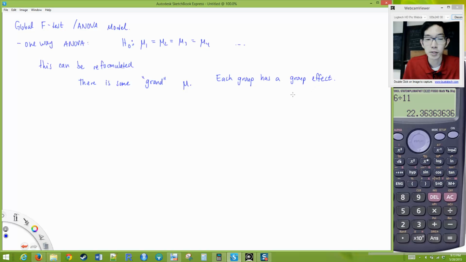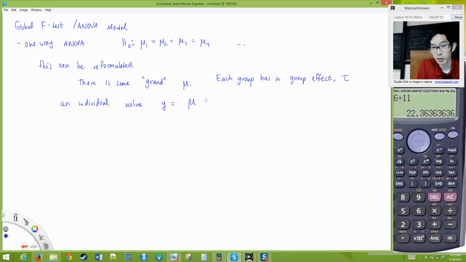And so in this case, we would say an individual point, an individual value, y is equal to the grand mean mu plus its group effect tau plus some random individual residual.